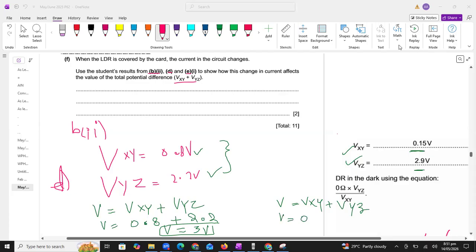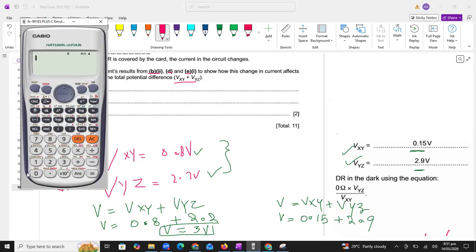So XY is 0.15 and YZ is 2.9. So what we will get, students? 0.15 plus 2.9. So let me add these values. What answer we are getting?